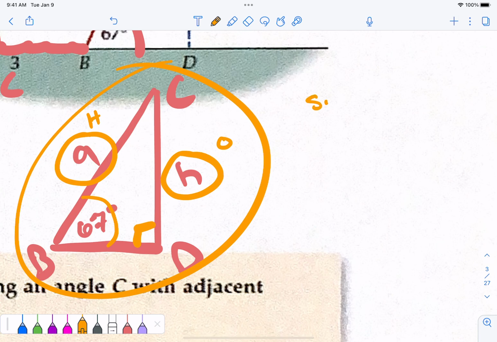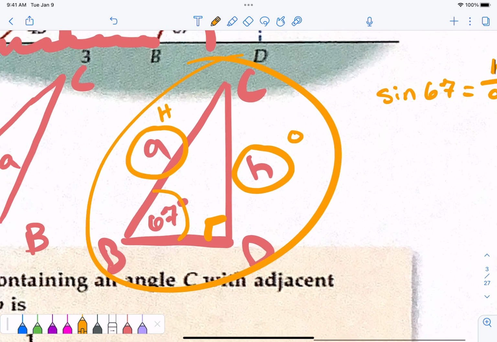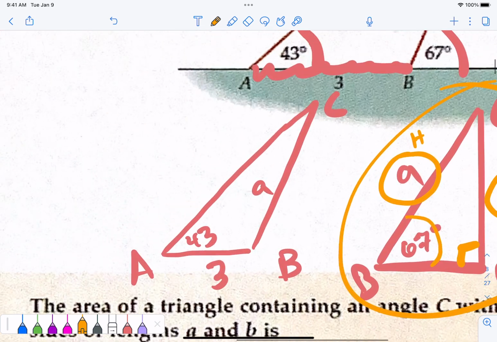So we could do sine of 67 equals H over A, but we don't know A yet. That's going to be my final step, to solve for H using that A value. But we've got to go over to this triangle and use the law of sines in order to find little a.